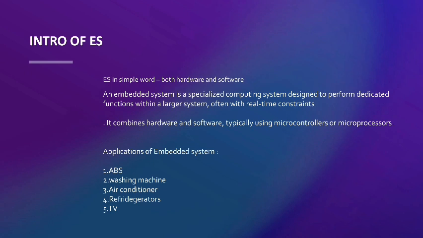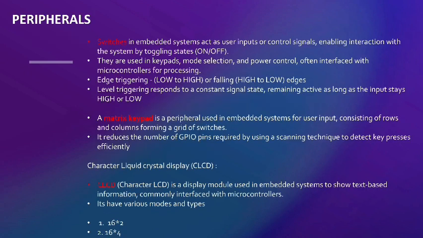Applications of embedded systems are ABS, washing machine, air conditioner, refrigerator, and television. And peripherals are connection units mainly used in keypads, mode selection, and power control.